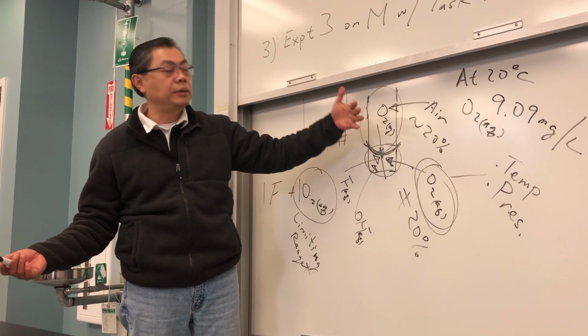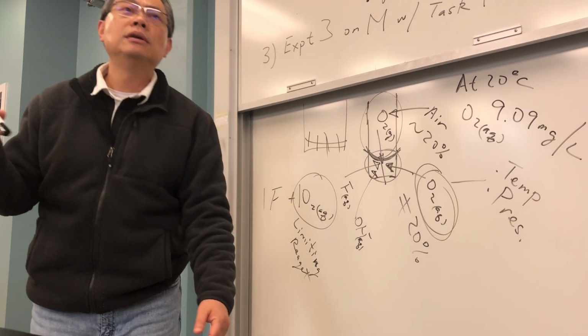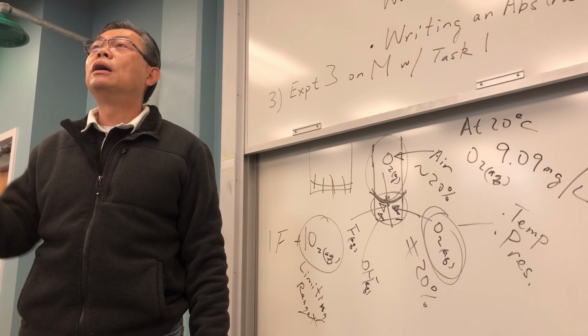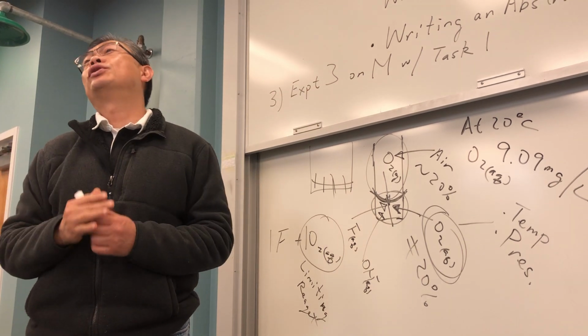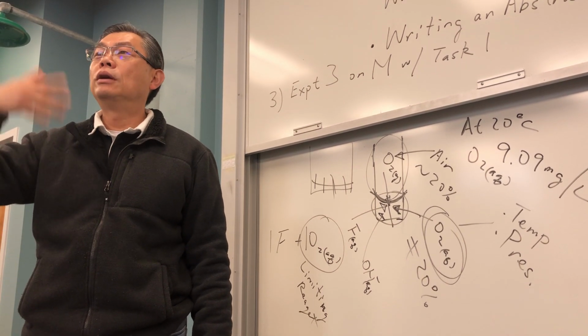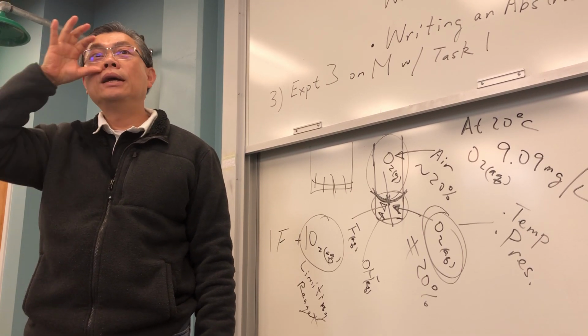Besides the temperature or pressure, what did we say? The physical. Array, right? So you increase the surface, or you get the water to move. Yes, and that's why, oh my God!